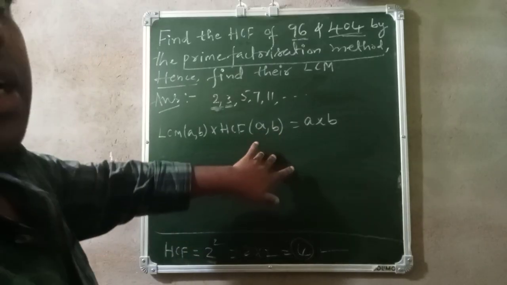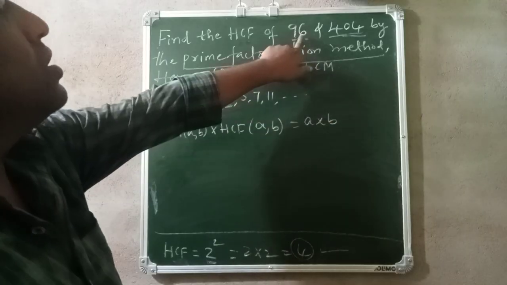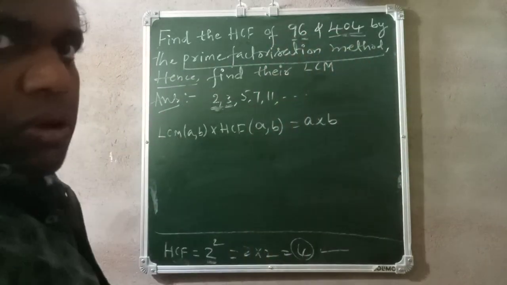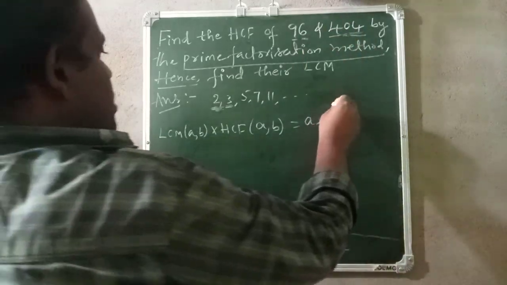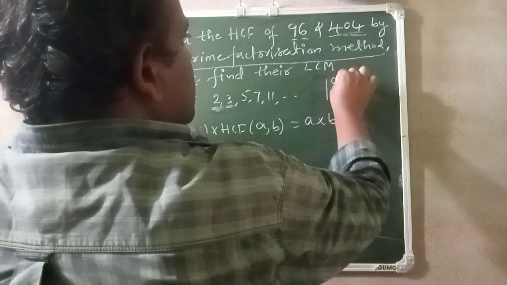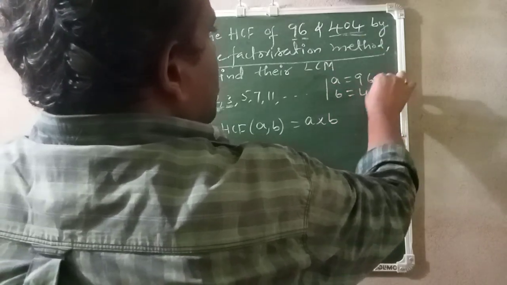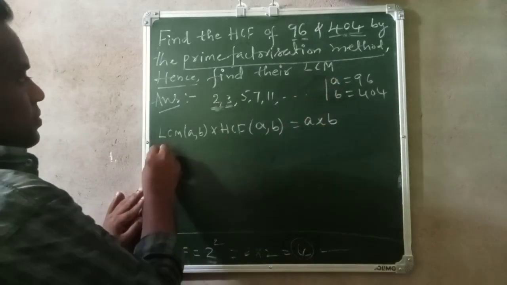In this question, which are the numbers? 96 and 404. So this is A, this is B. Or you can take this as A, this as B, no problem. So A is equal to 96 and B is equal to 404. Substitute A and B values here.